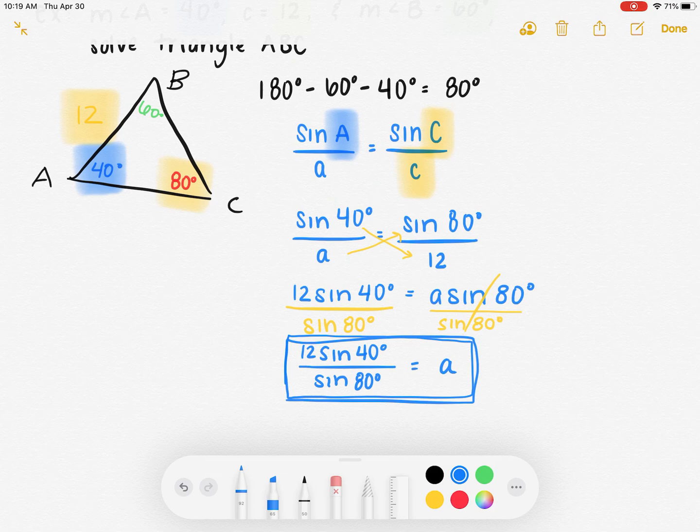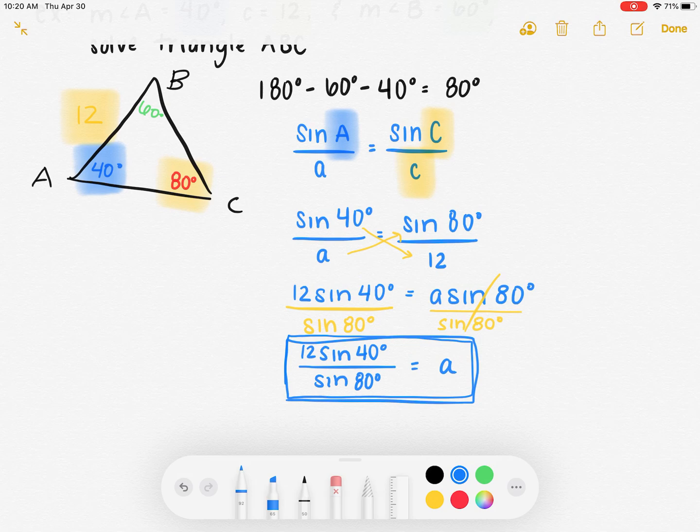If I take the decimals for sine of 40 degrees and sine of 80 degrees and then round those decimals and put them into my calculation, these numbers are going to be so small and the decimals so significant that when I round them, it could end up changing my answer. So I don't want to do that.